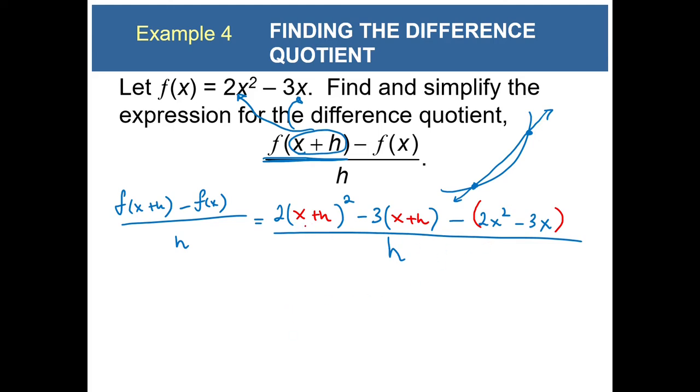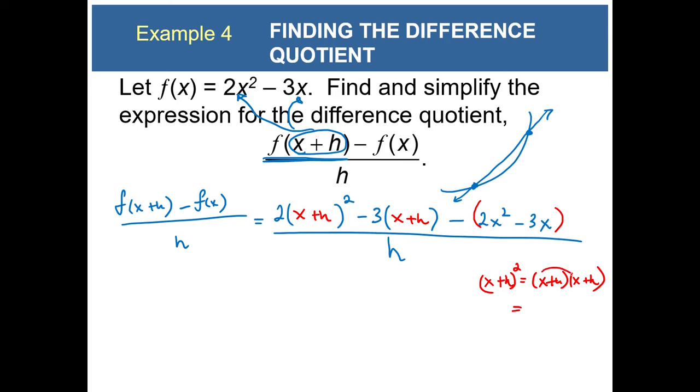If you look at x plus h squared, we're going to have to FOIL out x plus h squared. We'll do the scratch work somewhere on a separate piece of paper. x plus h squared is equivalent to x plus h times x plus h.